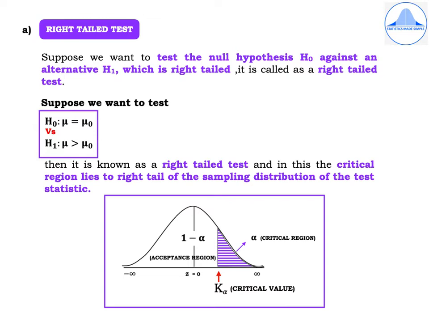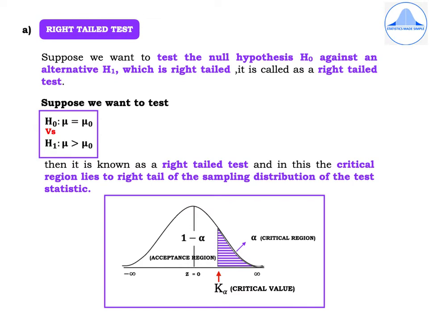The value mu naught is a specific number which will be mentioned to you in the problem. Versus H1: mu is greater than mu naught.